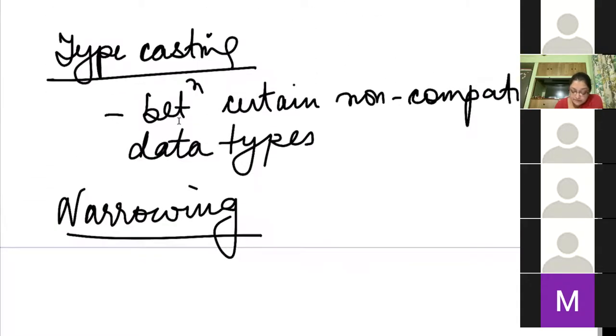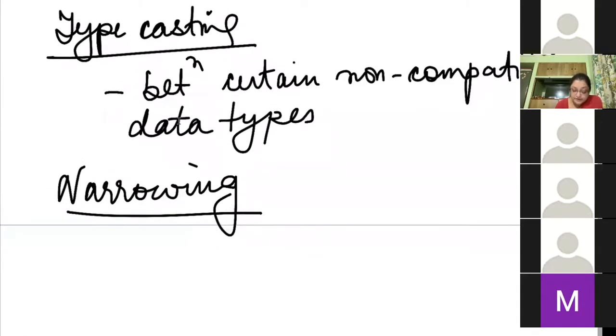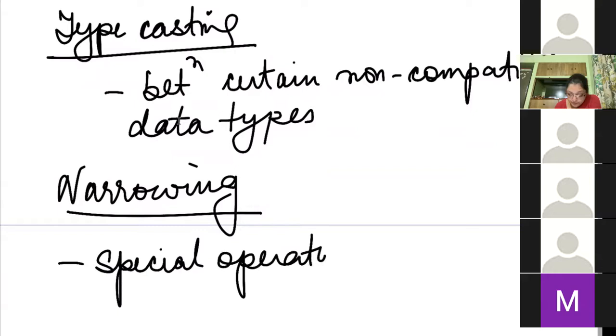Now for typecasting, you have a special operator, and that operator is called the casting operator.